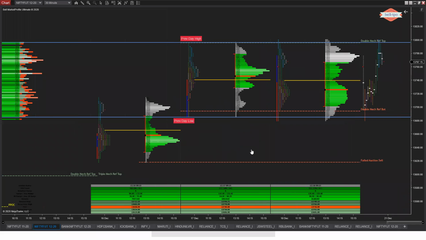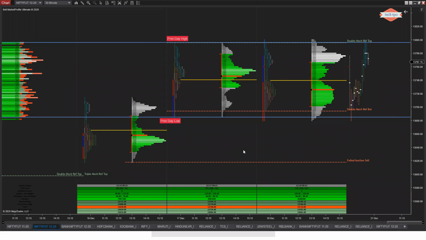Of course, what I'm going to do now is demonstrate how the point of control, the center point, gets formed and how you can identify those points. It is very simple. I'm going to simulate the market activity here.